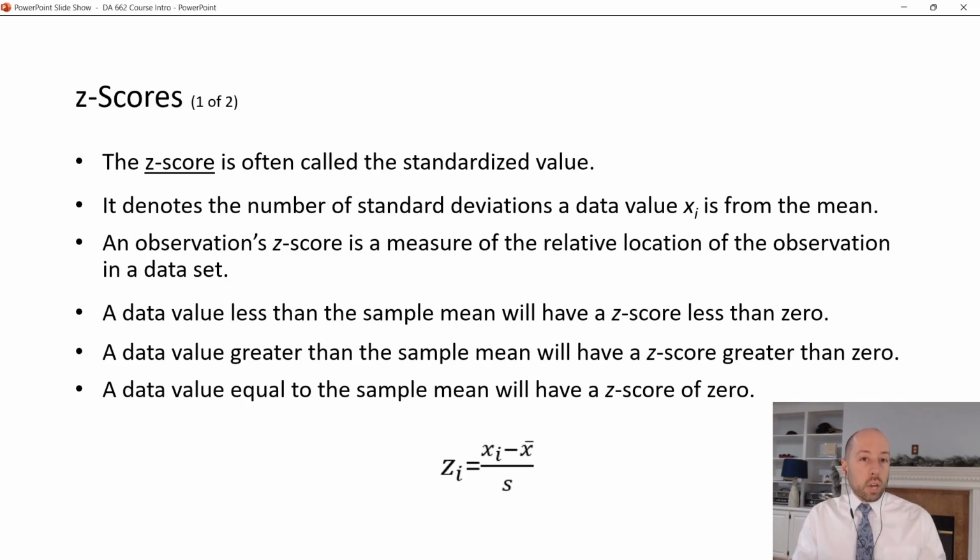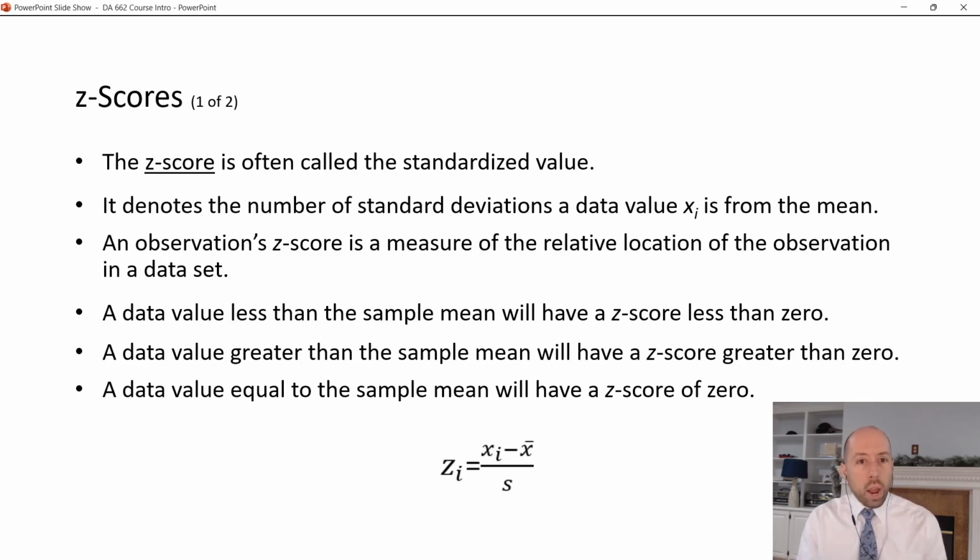The easiest introduction to statistical distance is a z-score, which is often called a standardized value. One of the things about data that is sometimes helpful and sometimes not helpful is the fact that everything is measured using units. And I would like it if the units I use don't impact the decisions that I make.